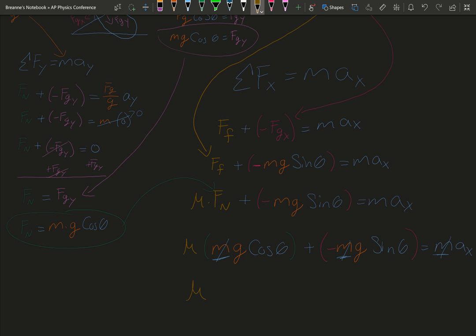And you're left with your coefficient of friction times acceleration due to gravity times cosine theta plus negative acceleration of gravity times sine theta, which equals your acceleration in the x.